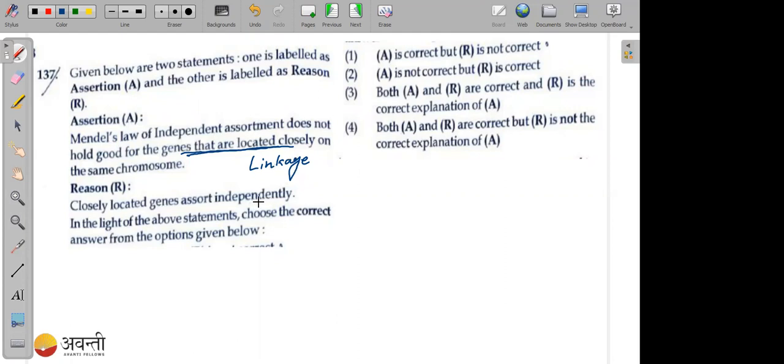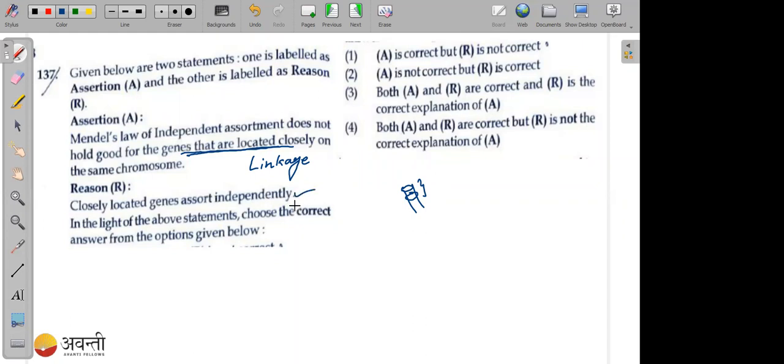And the next is the reason: closely located genes assort independently. Actually, whenever we talk about linkage, when two genes are closely located on the same chromosome, they have less chance of assorting independently. That's why this reason is not correct, or it is not a correct explanation.